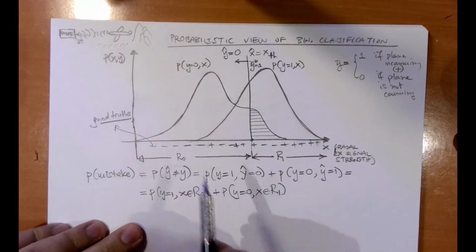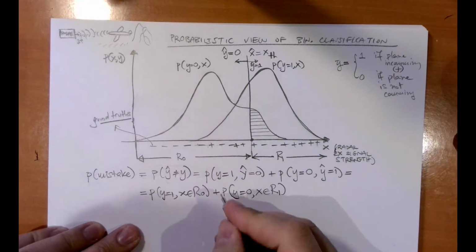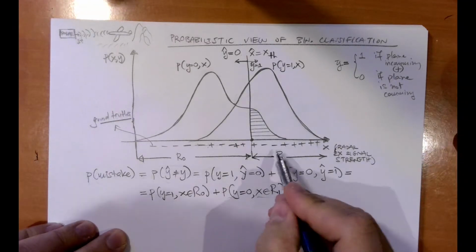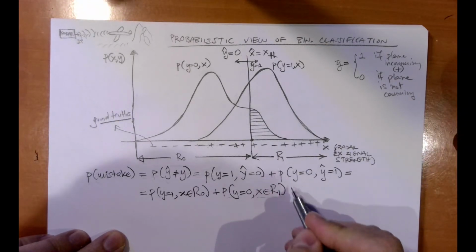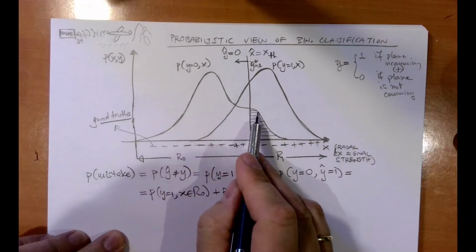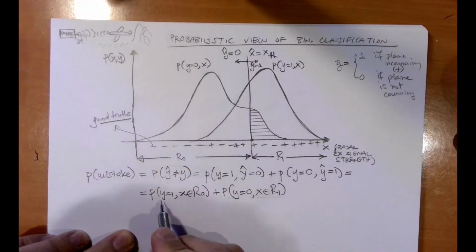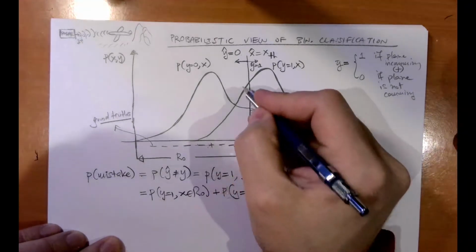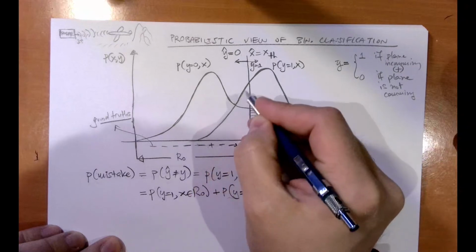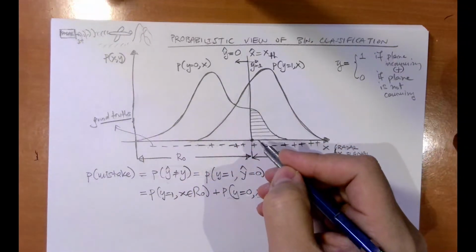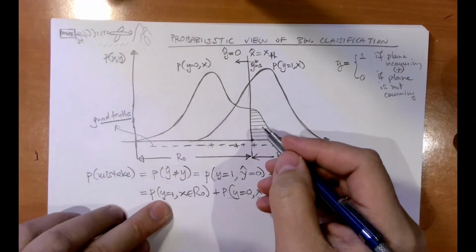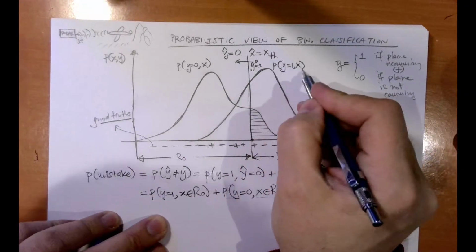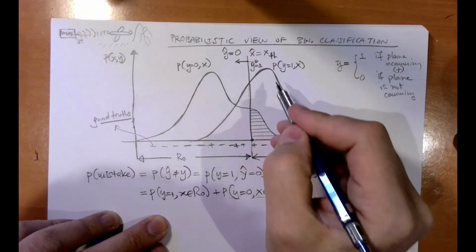And as you can see, this is because this region, this x, is limited by the tail of this distribution, and correspondingly, this guy over here is associated with this large tail over here, where x is limited by the region R0, but still under the condition y equal to 1.